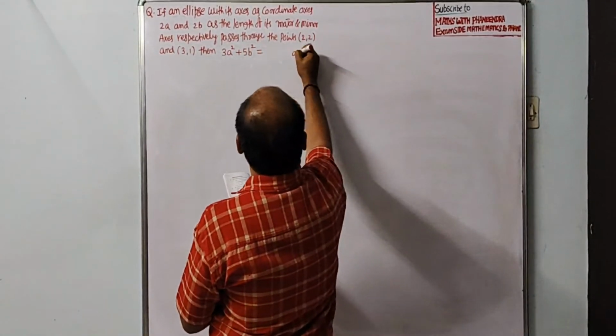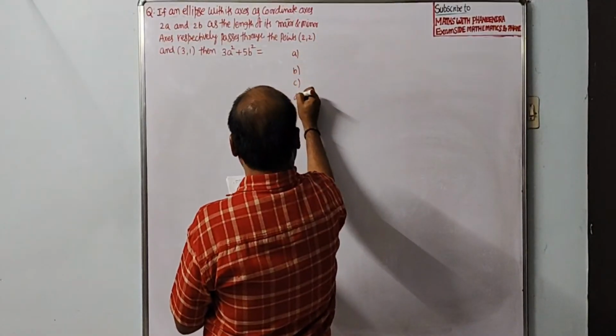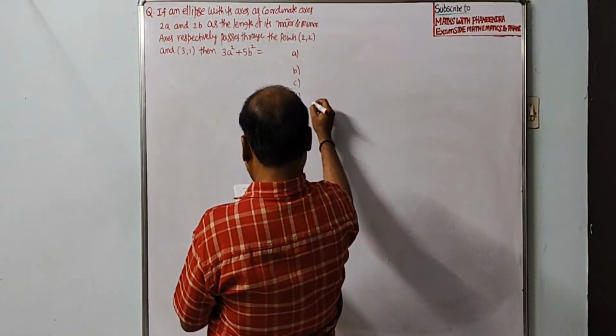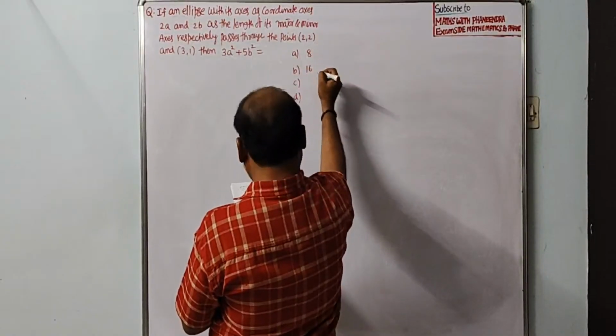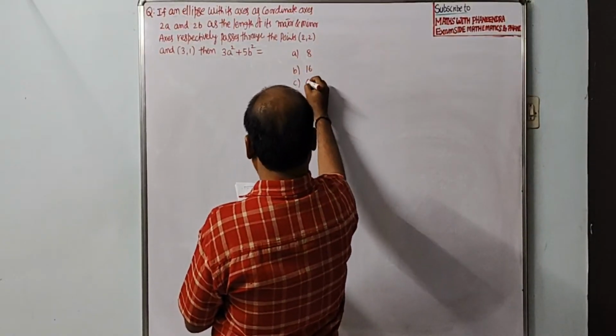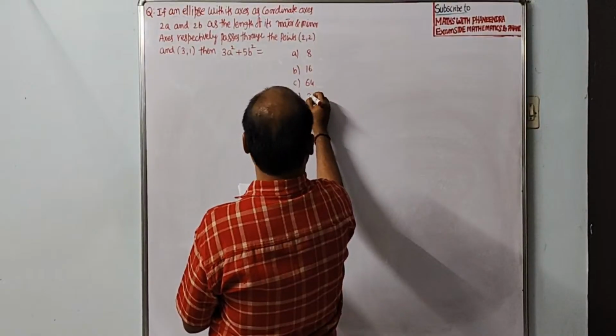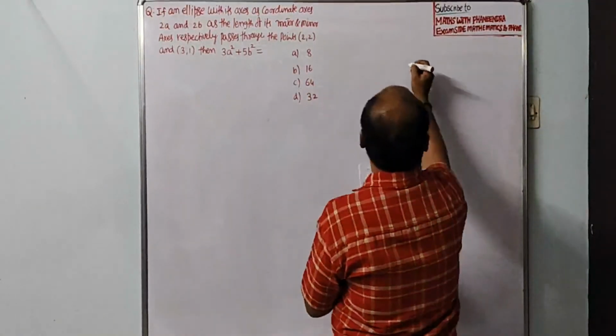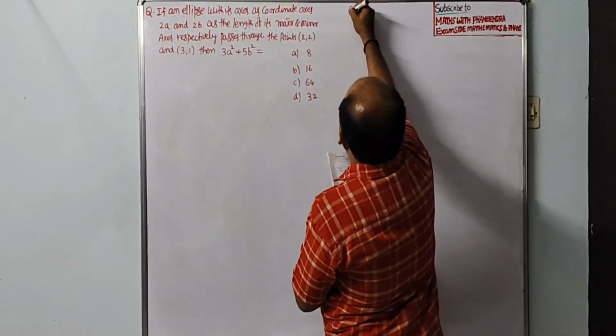So options are provided: 8, 16, 64 and 32. Next question.